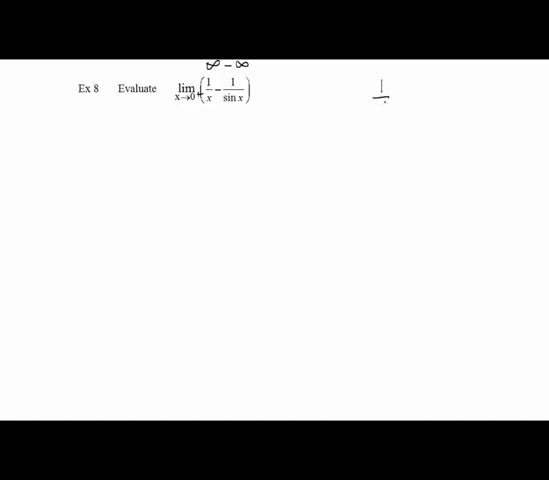If we have 1 over x, leaving a little space, 1 over sine x, I'd want to multiply by sine x over sine x and by x over x. So my new limit will be sine x minus x over x times sine x.